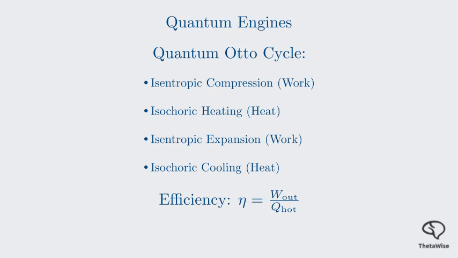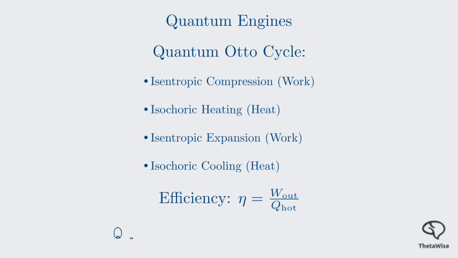This is a direct consequence of quantum effects. This phenomenon, known as quantum advantage, shows that quantum engines can be more efficient than their classical counterparts. This is a major motivation for research in this area. So quantum engines are devices that convert heat to work at the quantum scale, and they can exhibit quantum advantage, potentially leading to efficiencies beyond classical limits.